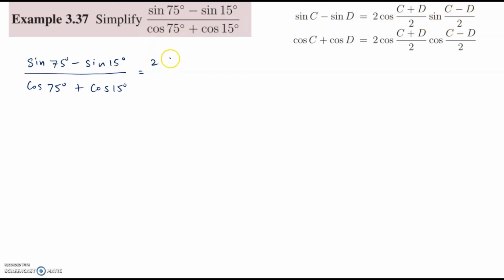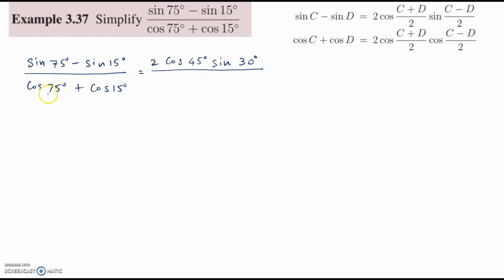So 2 times cos of (75 plus 15), which is 90, divided by 2 is 45 degrees, into sine of (75 minus 15), which is 60, divided by 2 is 30 degrees.